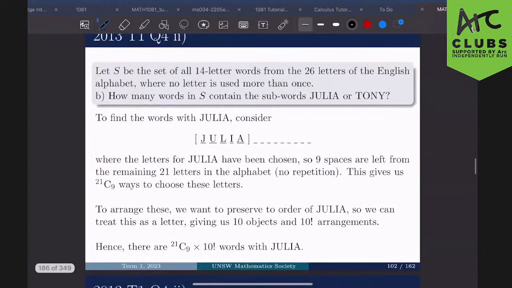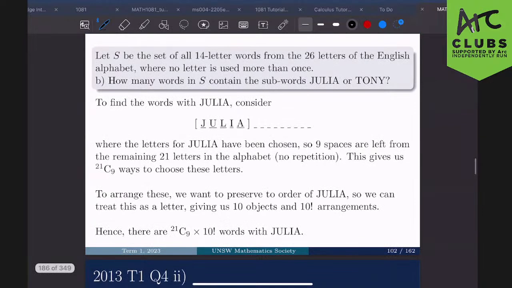Okay, so let's just break it up and first start with Julia. To find the words with Julia, we just plug in Julia, and of course we want to maintain this order. We've got 14 letters, so we've used 5, we've got 9 left, and we've got 21 letters available left.